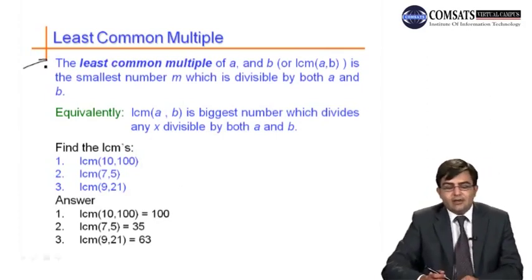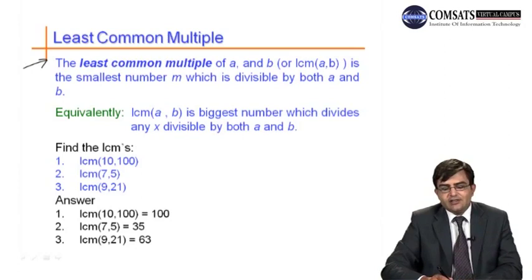The least common multiple of two numbers, or in short form LCM of a and b, is the smallest number m which is divisible by both a and b.